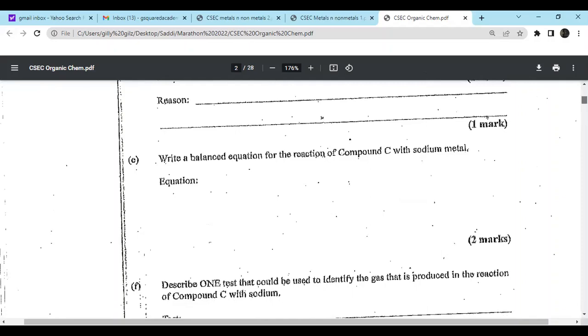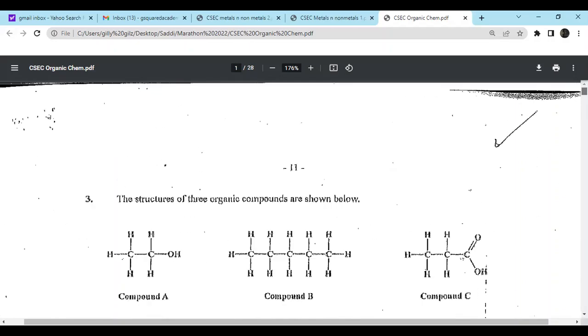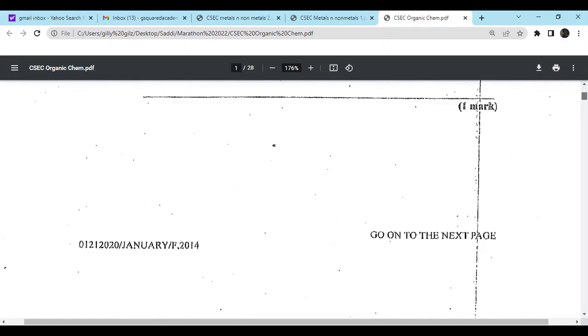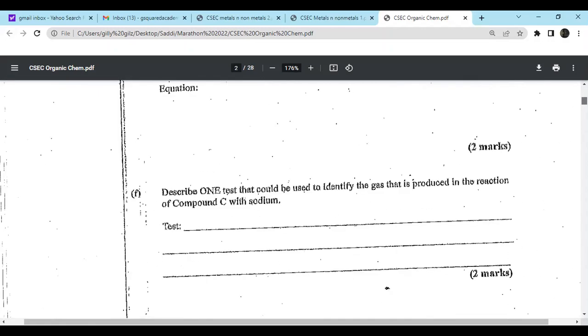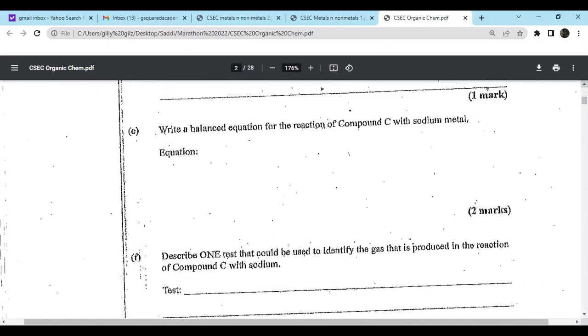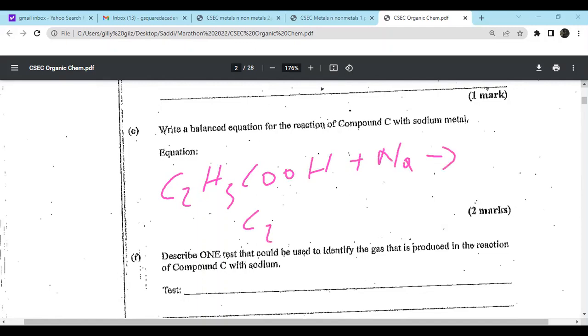Compound C was, I wonder if it was propanoic acid. Okay, so we want to write a balanced chemical equation for the reaction of propanoic acid with sodium. So what do we have here now? We have propanoic acid, which is C2H5COOH plus sodium to give you C2H5COONa plus hydrogen.